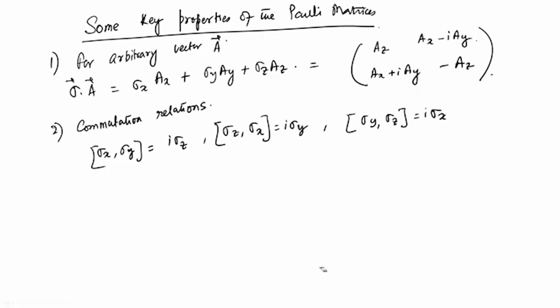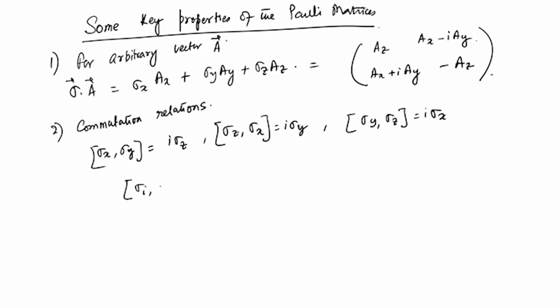If you reverse any of the indices or rather take it in the other direction, that is not sigma x sigma y, but sigma y sigma x, you are bound to get a minus sign here. Okay, so these are all understood.